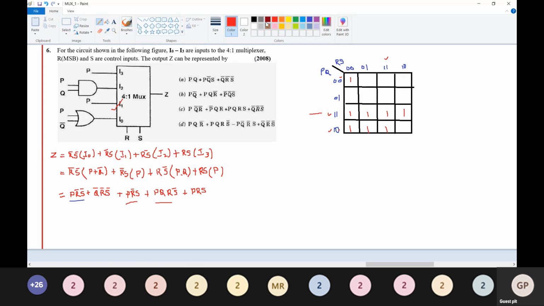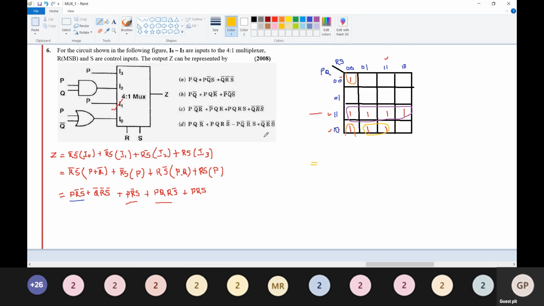Got it? So now we are going to plot this. We have a pair, we are having a quad here, and we can put a pair here to get the required expression.